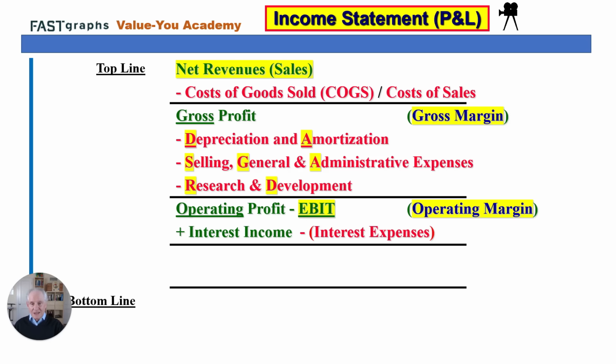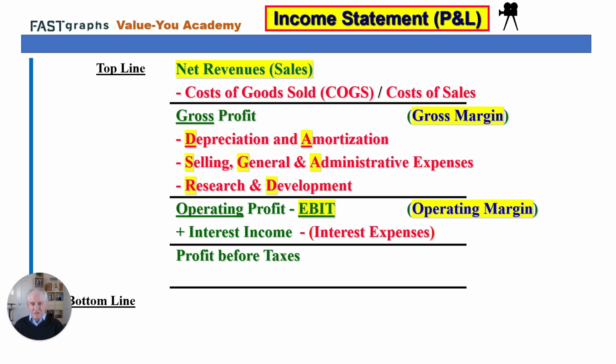So now we take the pluses from other income, the minus from interest expense, or any other thing that's non-recurring. It's kind of a one-time thing, maybe a closing operation or something like that. That's other. You have your profit before you pay taxes to the IRS.